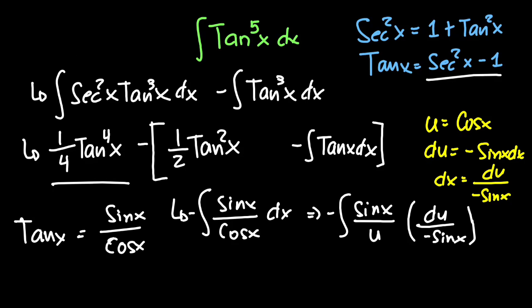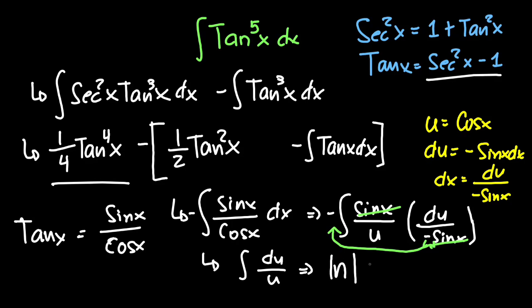You can see here, sine of x will cancel, and now you are left with a negative sign here, so you can put it outside the integral. Since it already has a negative here, this would be a positive integral, and so you are left with the integral of du over u. Based on the logarithmic formula, the integral of du over u is simply the natural log of the absolute value of u plus c.